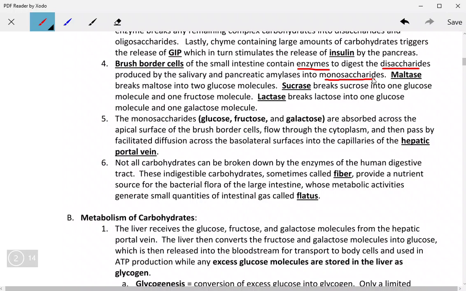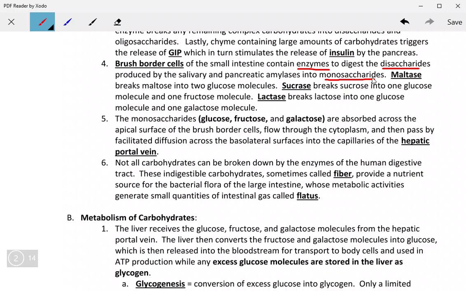Remember, the monosaccharides are the simplest units of carbohydrates. Okay? So these organic compounds must be digested to their simplest forms before these simplest units can then be absorbed by your small intestinal cells. I hope you're following so far.